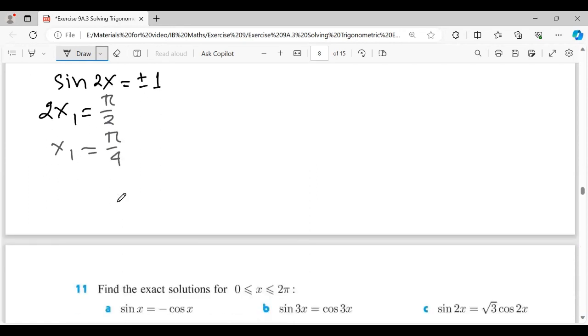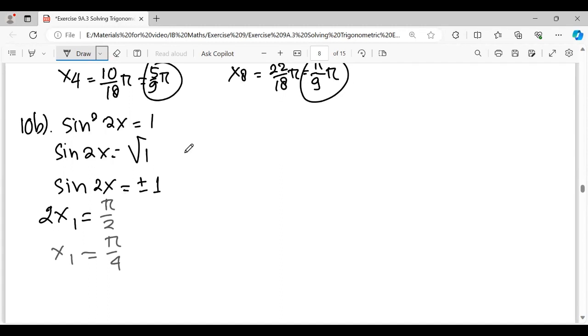Now x2. So 2x2 equals 3 half pi, so x2 equals 3/4 pi.